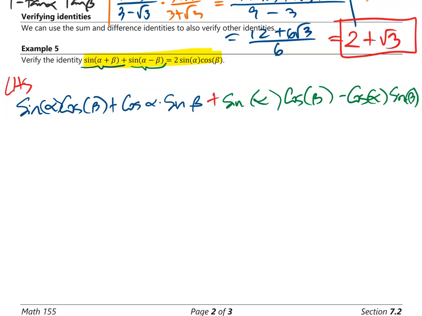And based on this, we can cancel these two, cosine alpha sine beta, and now sine alpha cosine beta, if we add these two, is equal to 2 sine of alpha and cosine of beta.